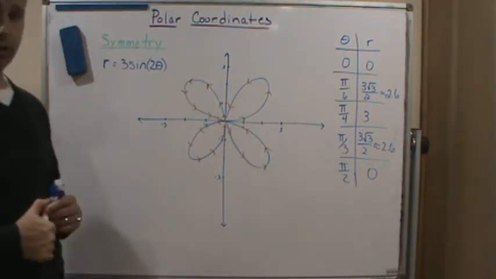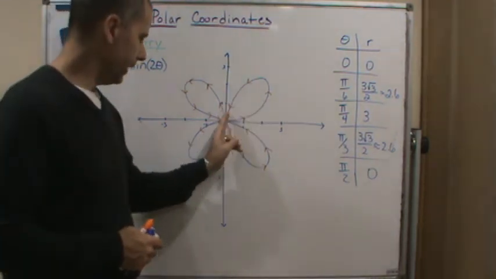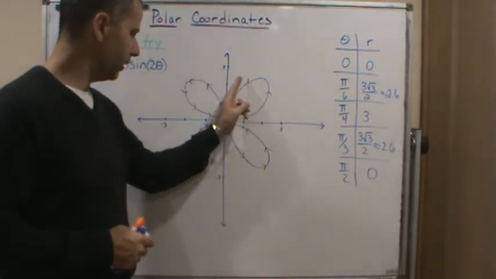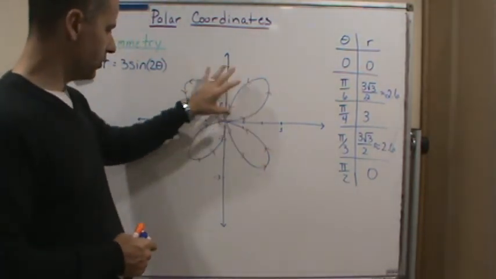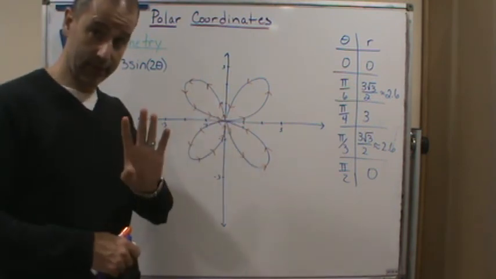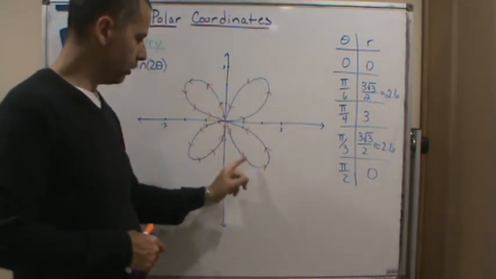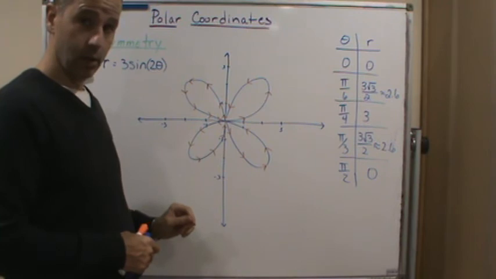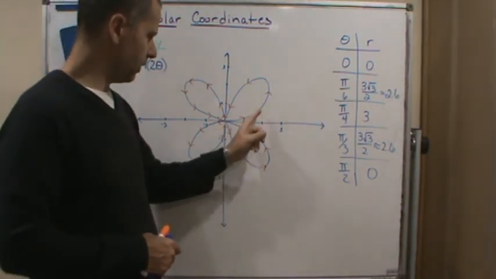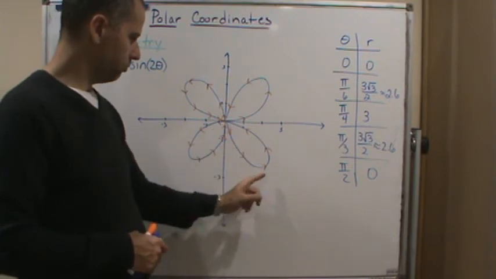Now to get the directional lines, yes, you would need to plot more and then see, oh, okay, it's going here. But you've got the shape of it just by using symmetry, and then you say, okay, how is this traced? So that's the other thing. How is this thing traced as it goes from 0 to 2 pi? So this is from 0 to pi over 2, and then it's going to go from pi over 2.